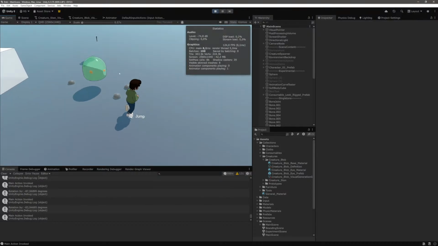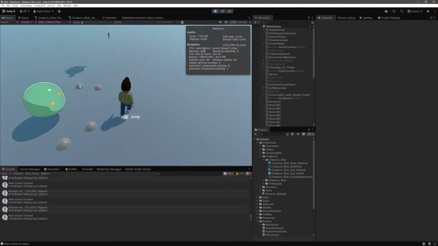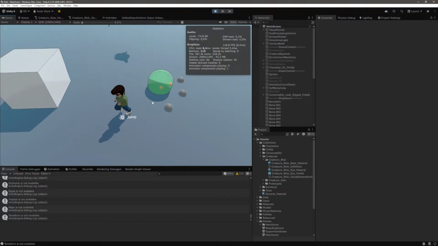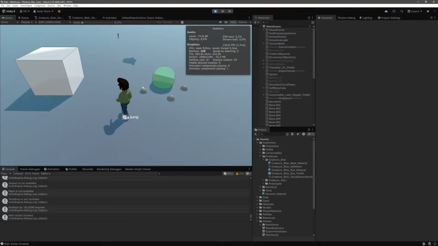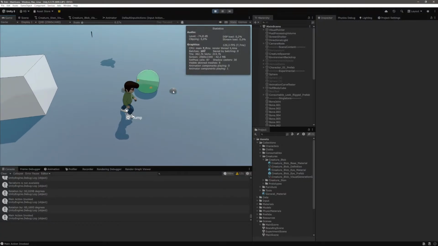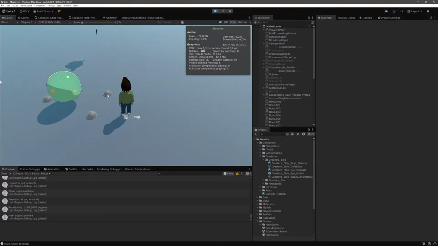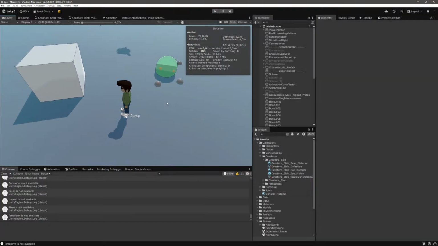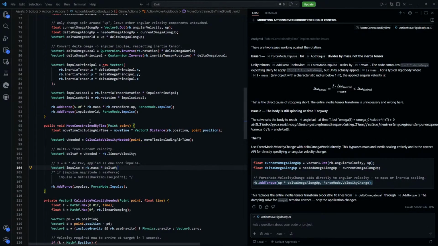We get less of a rotation. So now when we're rotating, it feels like it's rotating the same amount for all of them. And let's do this then.